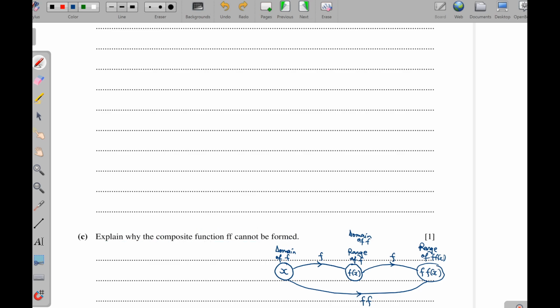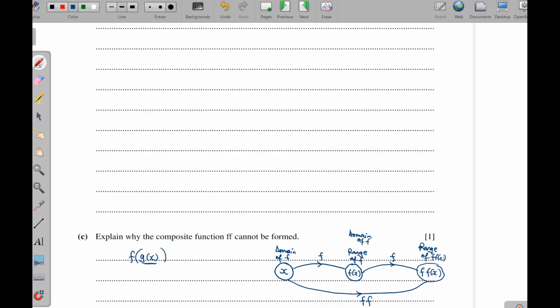For the composite function to be formed, if I have f of x, in fact, let me use two different functions. If I have f, then g of x. So since I'm putting this g of x in f, that means this g of x must fit into the domain of the function, because remember, what we put in the function is the domain.